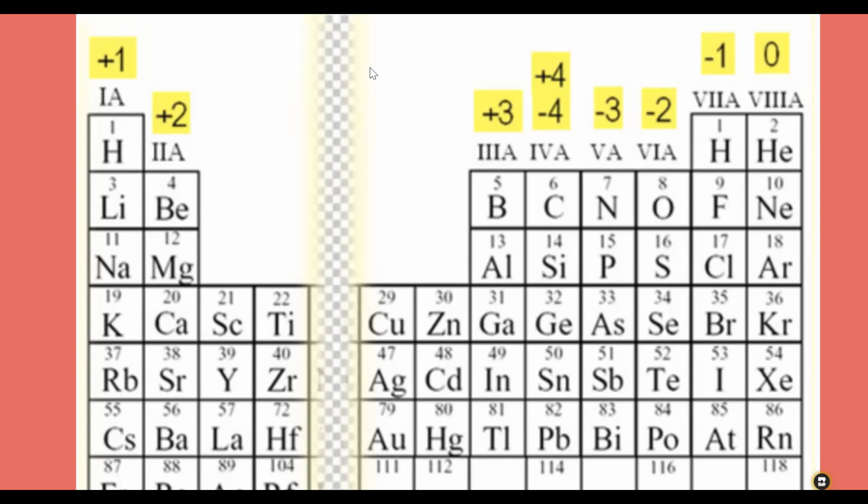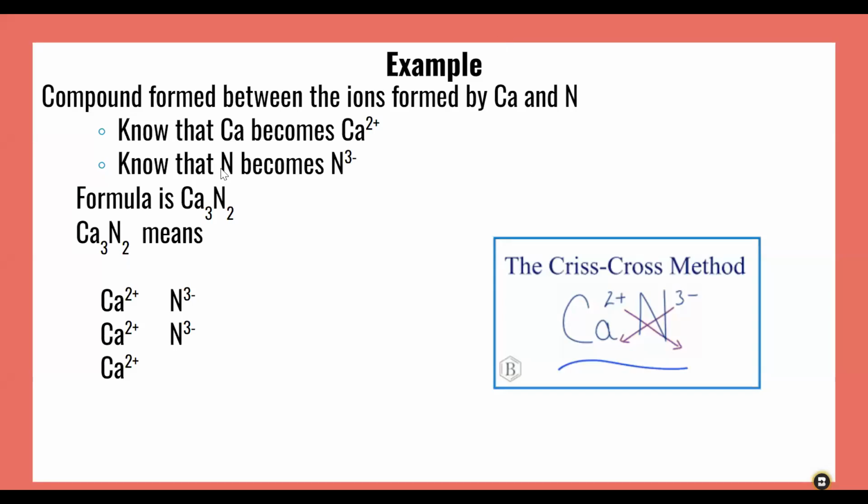For example, to write a chemical formula between calcium and nitrogen, like we did before using Lewis dot structure or the Bohr model where we saw how electrons get transferred, we can bypass that, showing how the electron is transferred, and get to the formula straight.